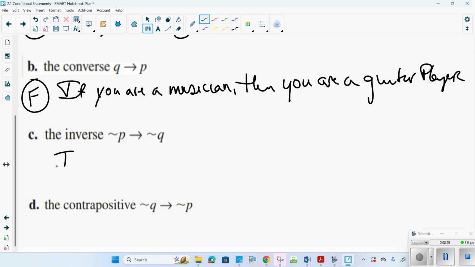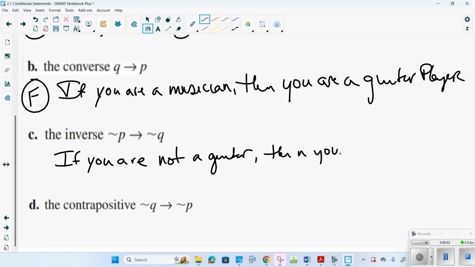So if you are not a guitar player, then you are not a musician. Again, that is false. I could not be a guitar player, but still be a musician.